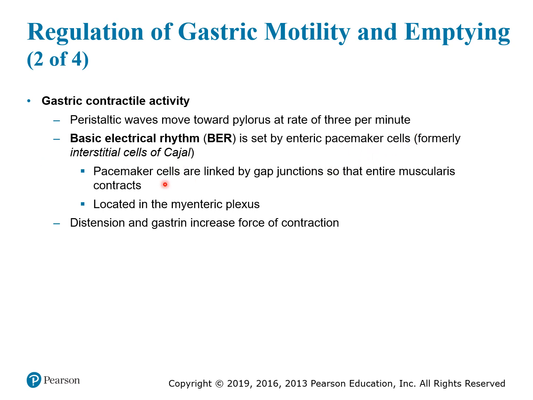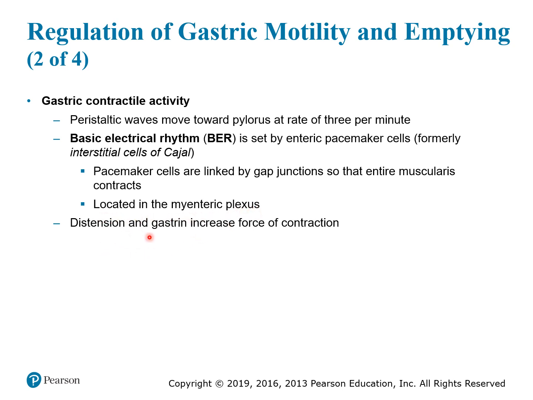These pacemaker cells are linked by gap junctions to the entire muscularis, and the whole of the stomach contracts, and in this way the food is mixed and moved. This is located in the myenteric plexus.